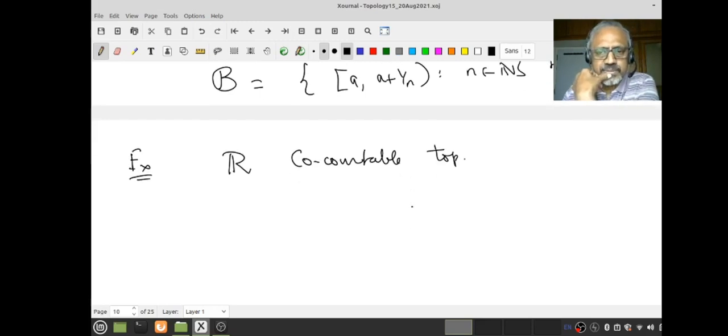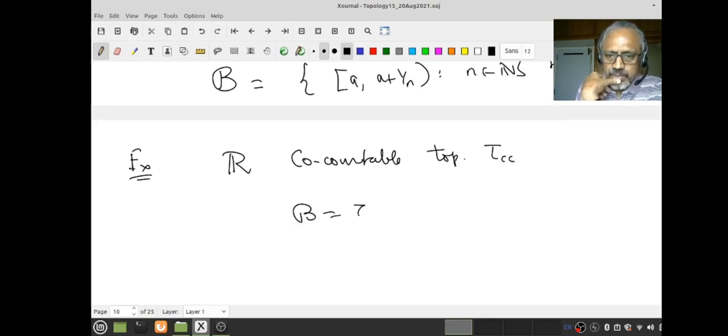Natural basis you can think of? See, notice that if I take co-countable topology tau cc, if I take B equal to tau cc, this is already a basis. So for any given topology, basis always exists.